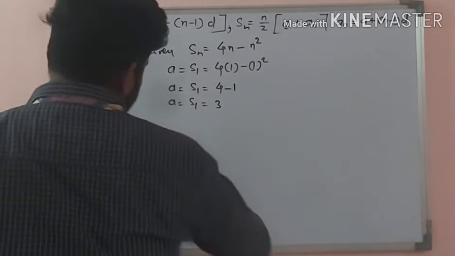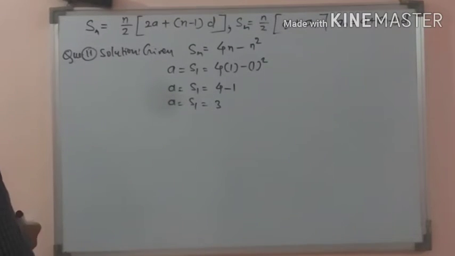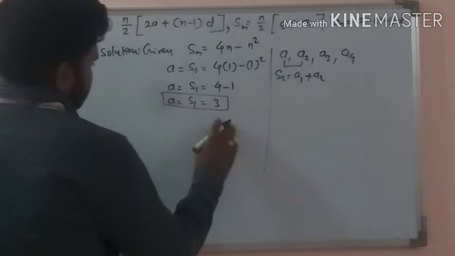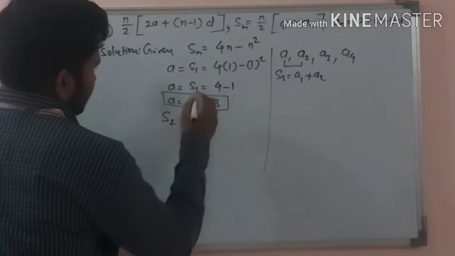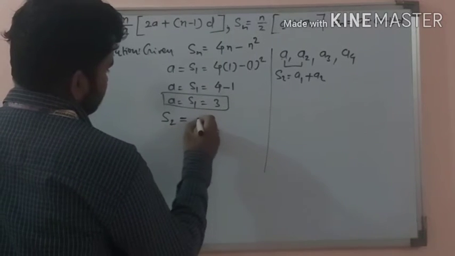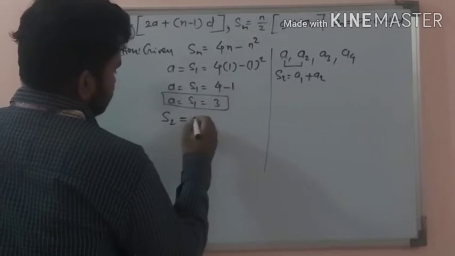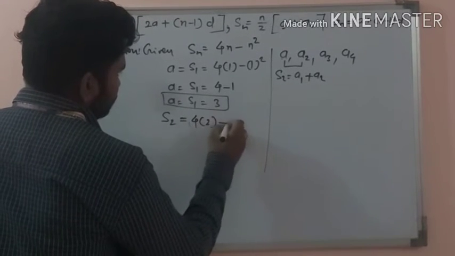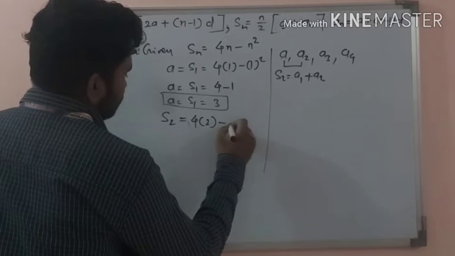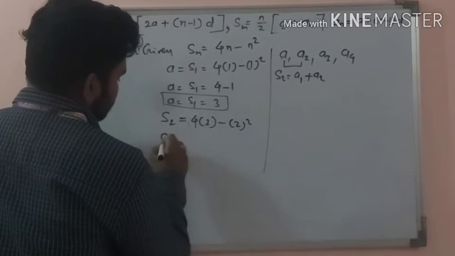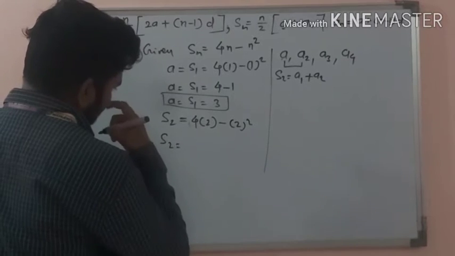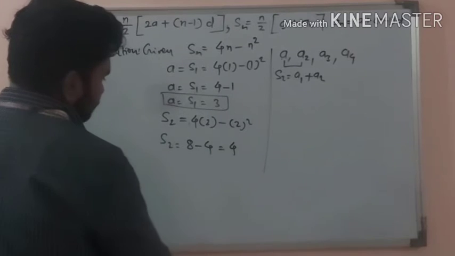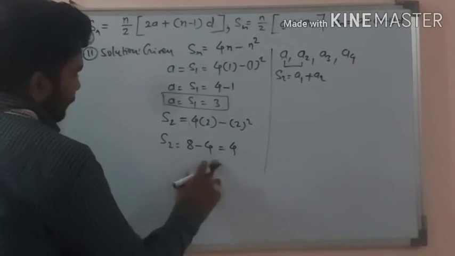So first term is 3. Okay. So second term, S2 is equal to 4.